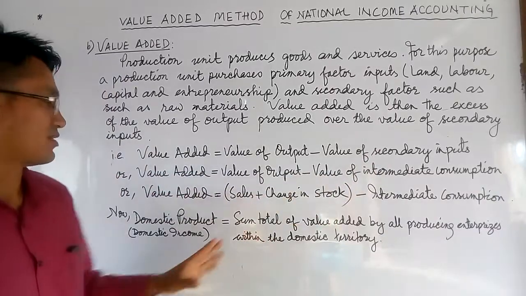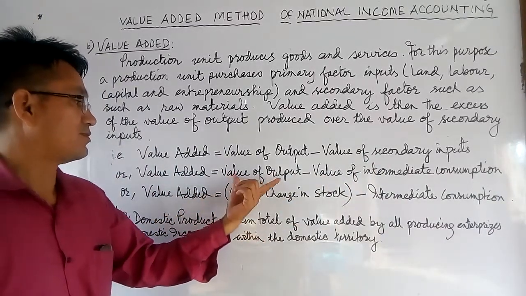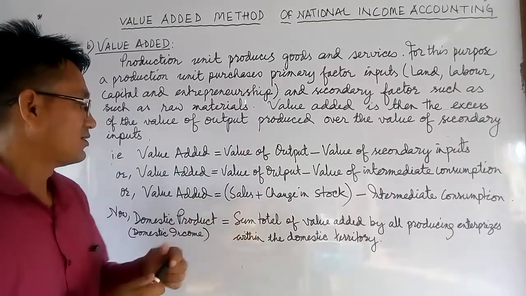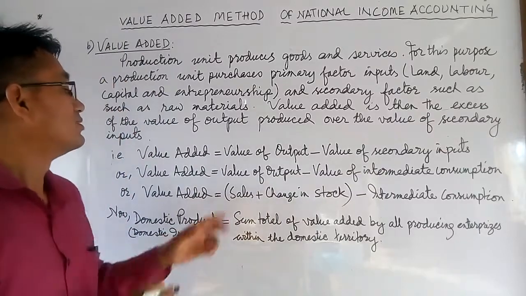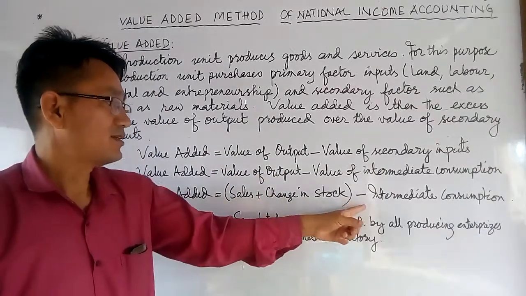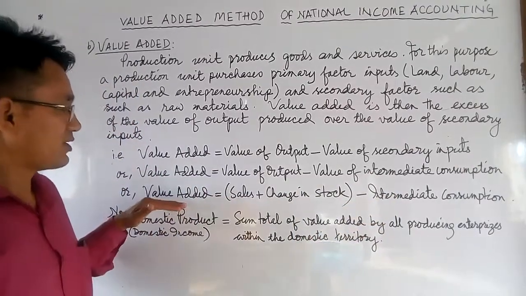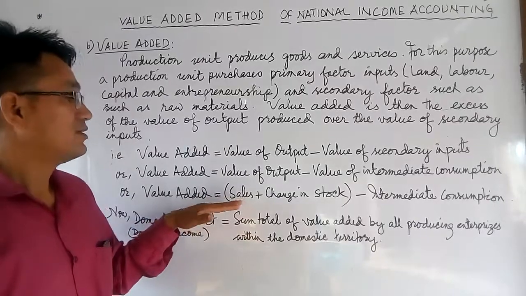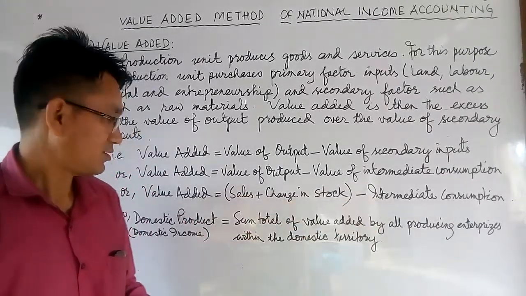It can be expressed in another way. Substituting the value of output we discussed earlier, value of output is represented by sales plus change in stock, minus the intermediate consumption. So value added is nothing but sales plus change in stock minus intermediate consumption.